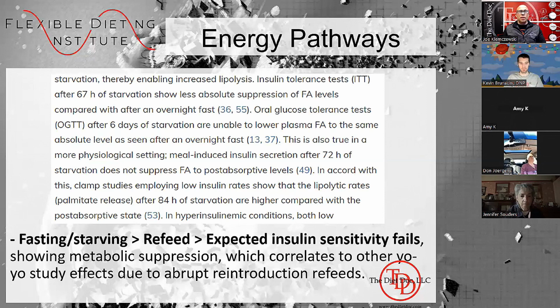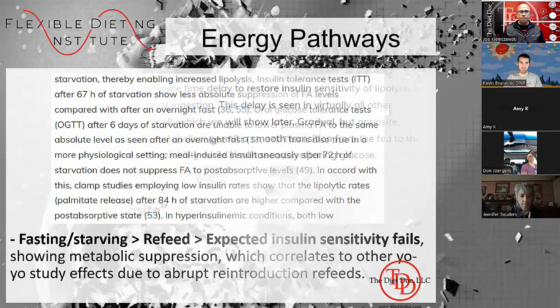There's going to be this massive response, but because of metabolic suppression, because of calories and carbs being too low, you end up having this yo-yo effect, which has also been well documented in research, that your body doesn't catch up fast enough. You have a massive increase of storage, particularly body fat, and yet you really don't do anything to the metabolic rate or the ability for insulin sensitivity to catch up.